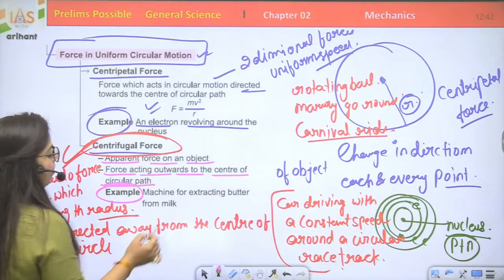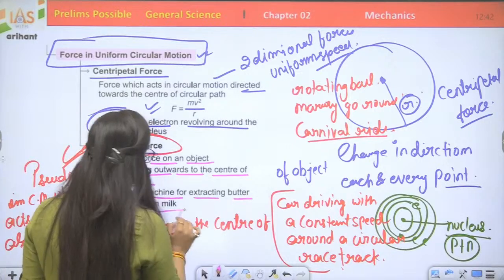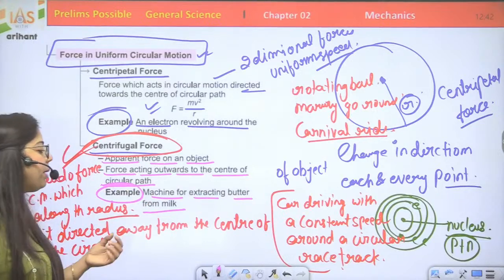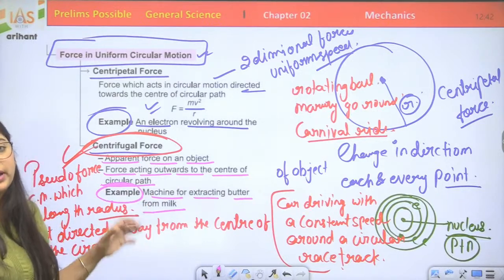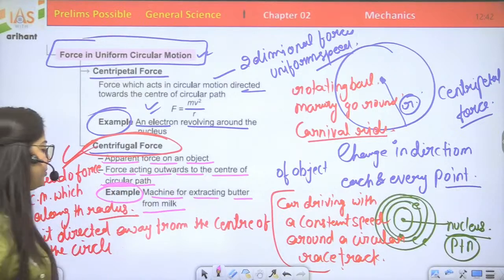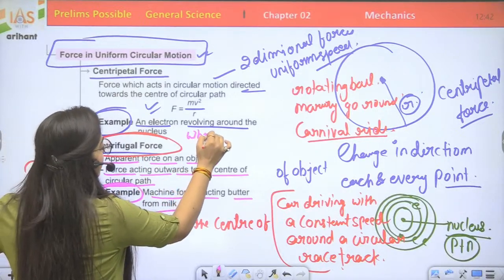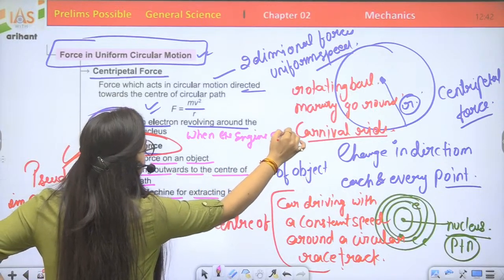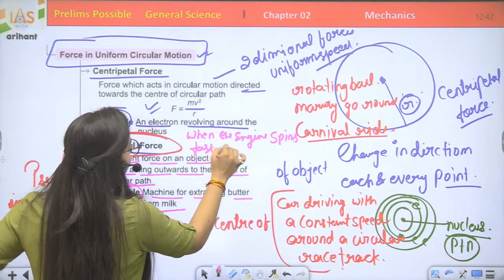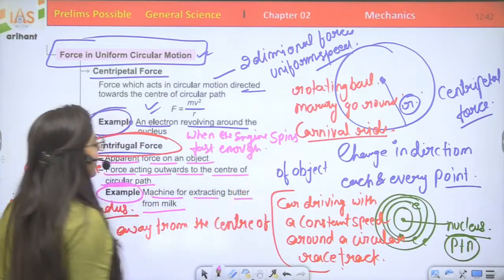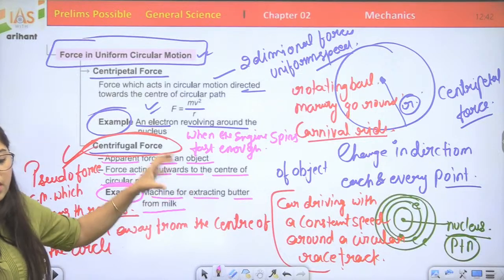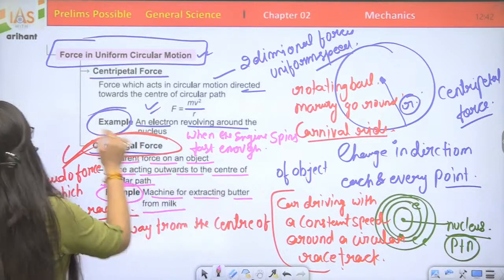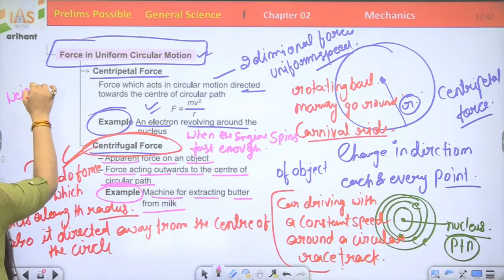They gave an example: a machine for extracting butter from milk. This is an example of centrifugal force. Another example is when the engine spins fast enough. Another example is the weight of an object at the poles and on the equator.